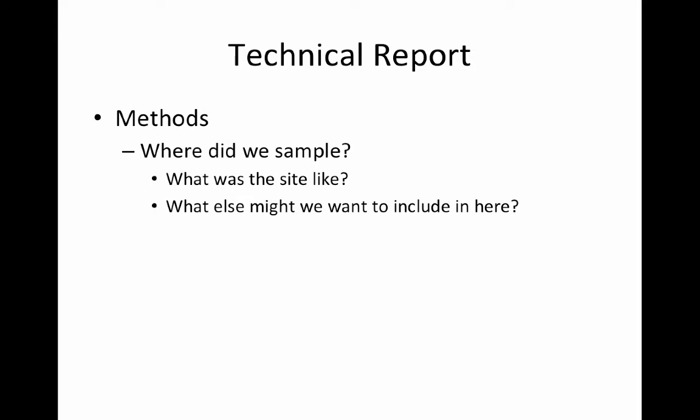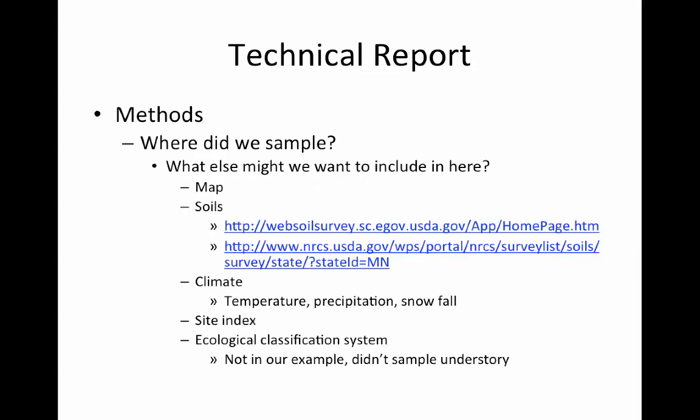The methods are the who, what, where, when. Where did we sample? What was the site like? There are all kinds of good resources available for this, including maps, soils, climate, maybe site index, the ecological classification system.